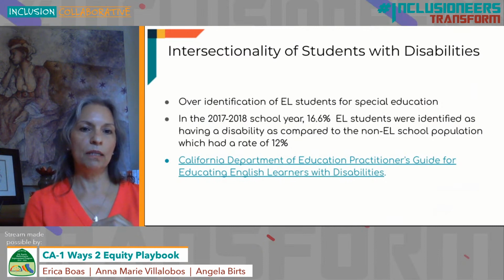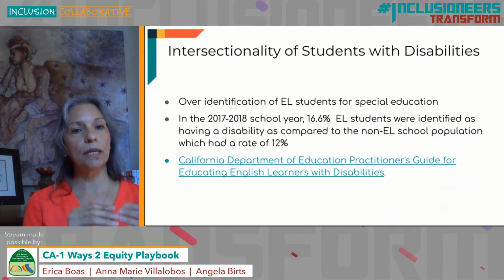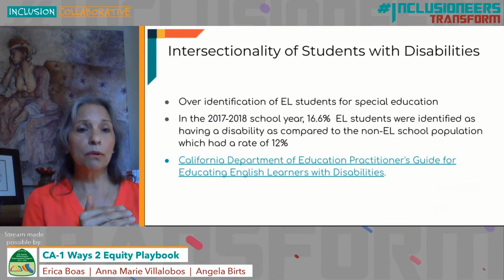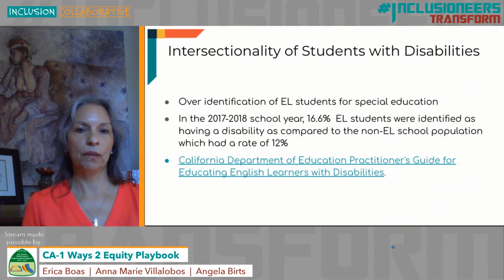Within that document, there's a link for it right here. It's also on their website, and I also have the resources later on. But within the practitioner's guide, it takes you step by step, starting with the referral process and helping folks to figure out: is this a disability, or is this an English language issue that this student is currently having? This is just part of the natural process of acquiring English as a second language. Next slide.